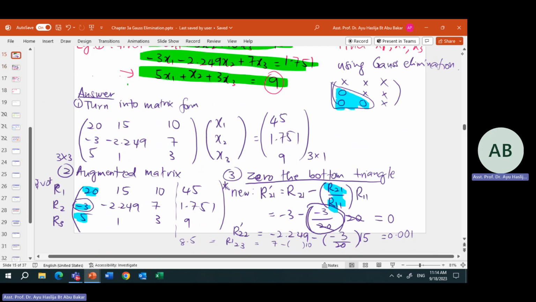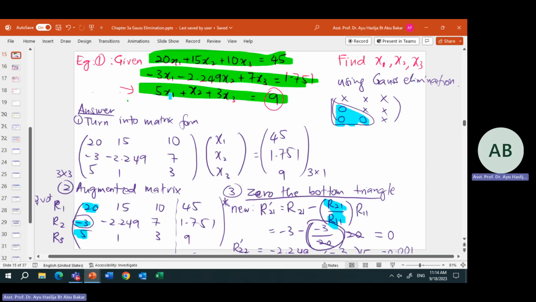Any equation would be correct. Let's say you choose equation 3. So substitute back your x1, x2, x3. If you get 9, then your answer is correct. Okay, that is Gauss elimination. We want to zero the bottom triangle.